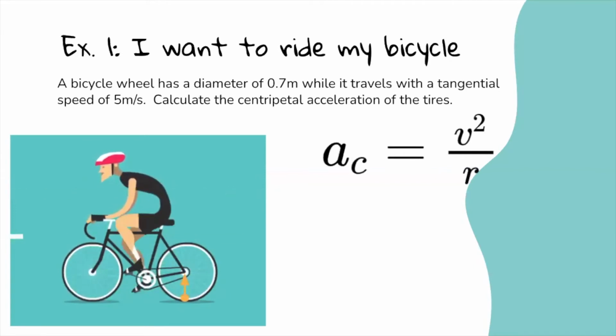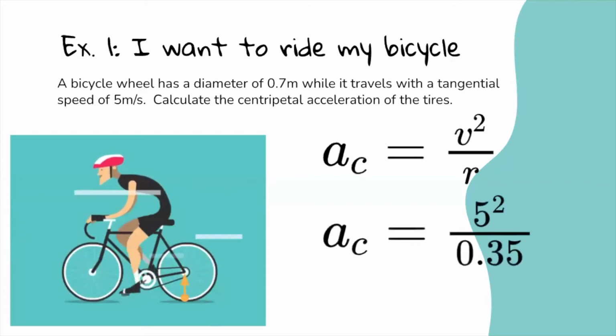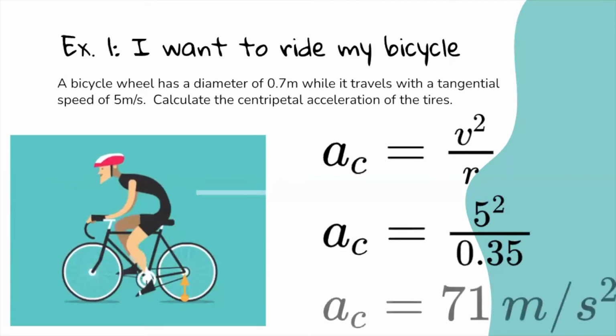Do you guys see the trick that I put in there? And it's not that I'm trying to be mean. It's just that diameter and radius are similar quantities. I gave you the diameter, but you need the radius. So you would have to know to divide by 2 to change the diameter into radius before solving this out. Okay. So my wheels have to accelerate 71 meters per second squared in order to change direction fast enough.